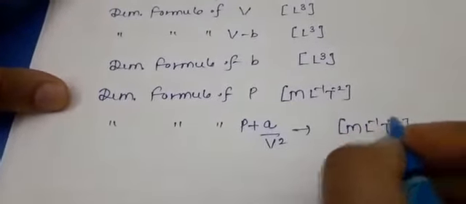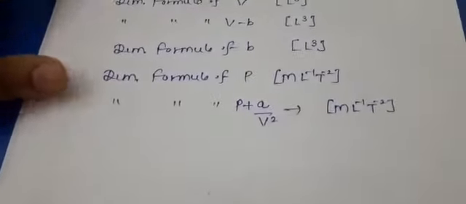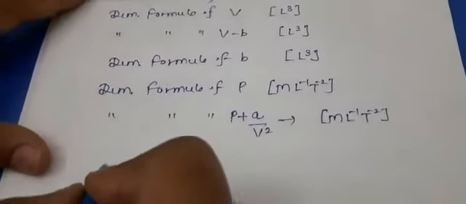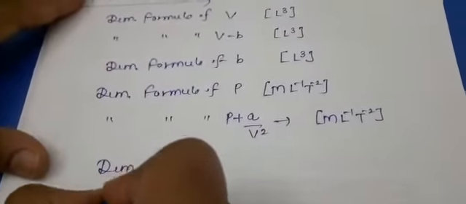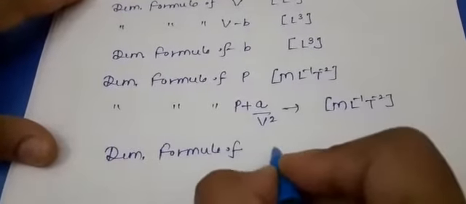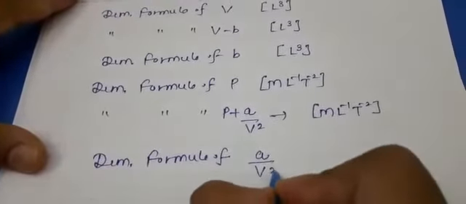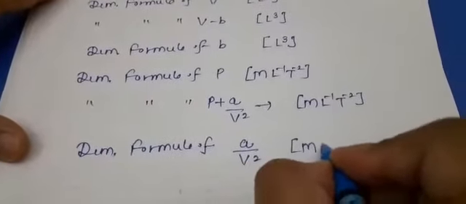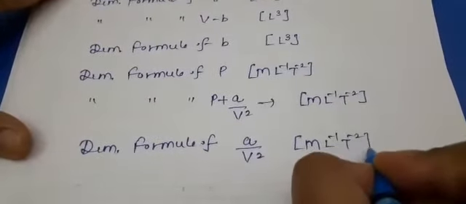Reason: only like quantities can be added. So what does it conclude? That the dimension formula of a upon V² must be the same as that of pressure.